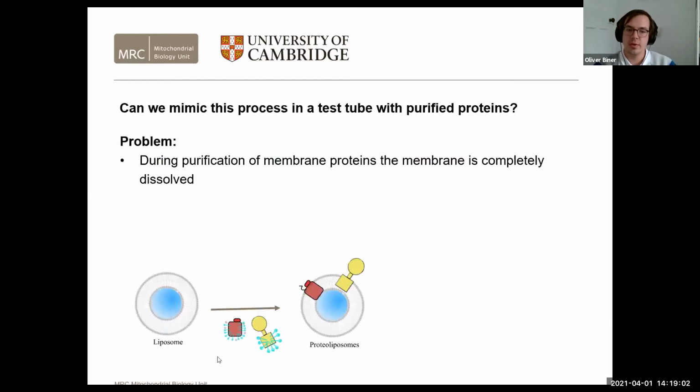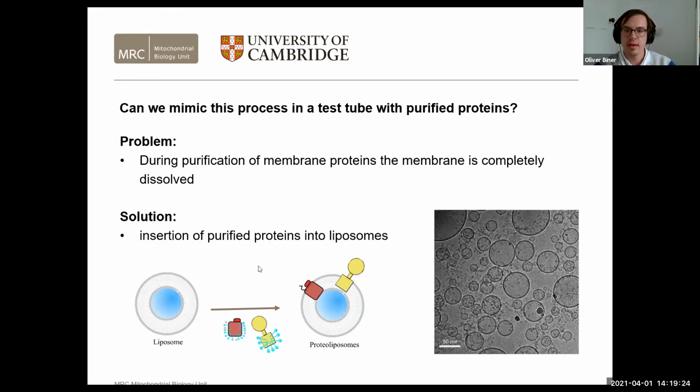So if you try to purify them and measure their activities, you have to bring them back into a liposome. And this you can do by actually removing the detergents and mixing the different proteins with the liposomes. And my research focuses on developing protocols to achieve that. And I want to use very small liposomes that are only around 50 nanometers in diameter, because then I can insert them later into synthetic cells, which are much larger, in the micrometer range.